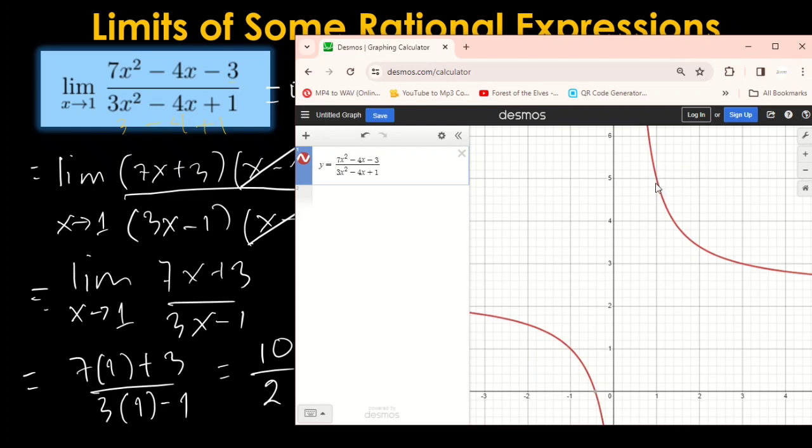Now, if we pinpoint exactly this coordinate here, it's difficult to hit. Okay, hold on, let's move it close. There you go. So you see, our x is 1 and our y is undefined, because from the start, our denominator is 0, so it does not exist at x equals 1.